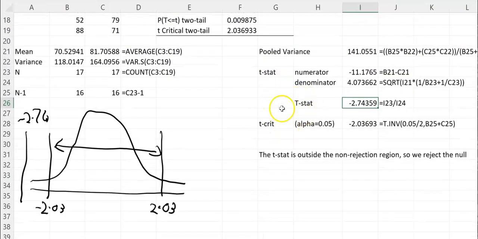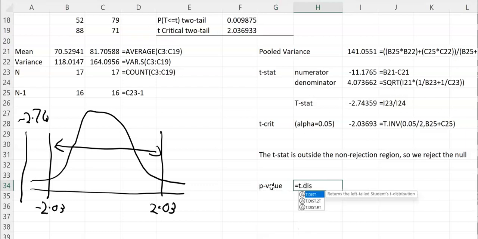I can also find the p-value for this. So if I actually did the t-stat to find the p-value, I could do T.DIST.2T. X would be my t-stat. Degrees of freedom would be 16 plus 16. I guess we need this to be a positive number.